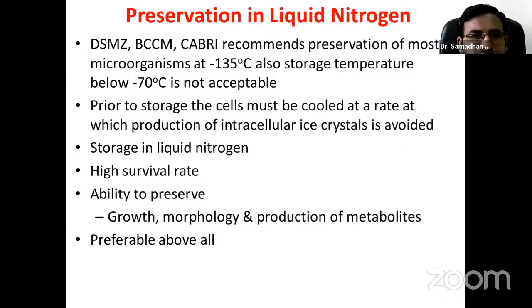Prior to storage, the cells must be cooled at a rate at which production of intracellular ice crystals is avoided. Storage in liquid nitrogen gives high survival rate and ability to preserve growth, morphology and production of metabolites. This is preferable above all. These are some observations given by the culture collections for preservation in liquid nitrogen.